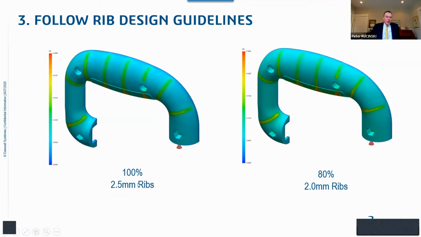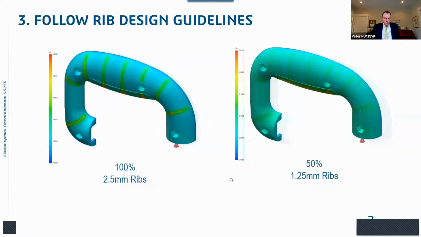So again, on the left-hand side, the base of my ribs is my nominal wall thickness, 2.5 millimeters. We reduce it to 80% of the nominal wall thickness. We make it 2 millimeters thick at the base of the rib, and you can already see that the sink marks are starting to fade. We take that a step further and make the base of the ribs 50% of our nominal wall thickness. So now the base of the rib is 1.25 millimeters thick where it meets the nominal wall. And you can see that our sink marks have all but disappeared.